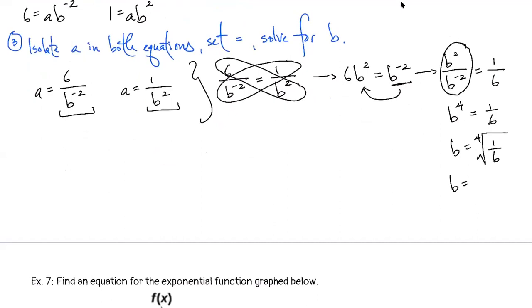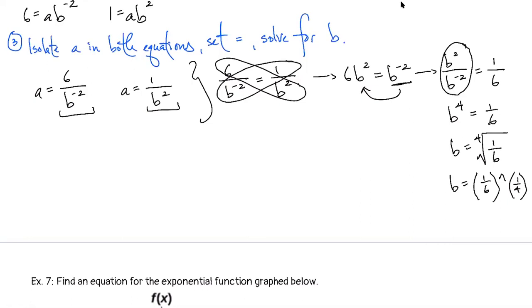So if you have a calculator handy, I want you to type in this, 1/6 in parentheses to the caret, that's to get it up into the power of 1/4. So the power of 1/4 is the same as taking the fourth root, right?